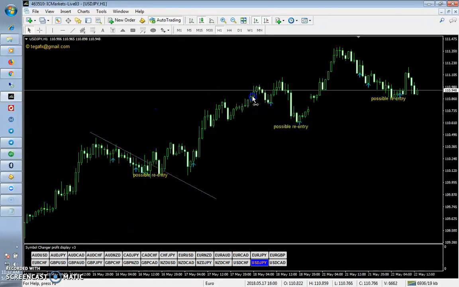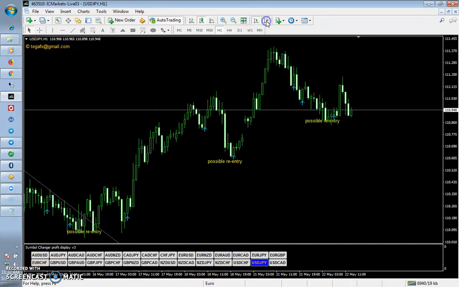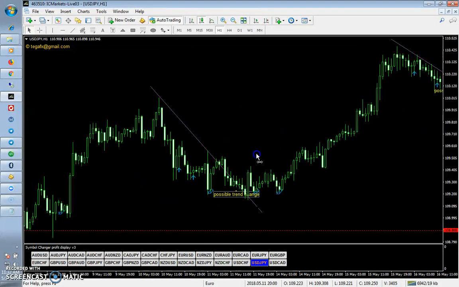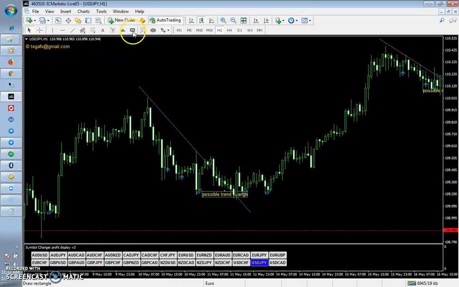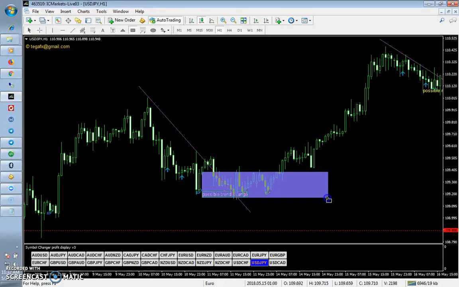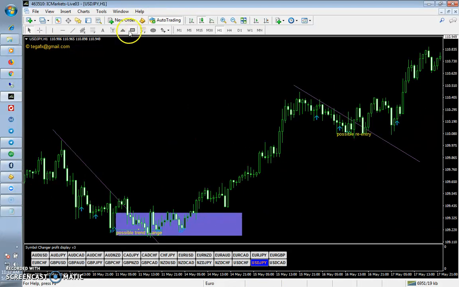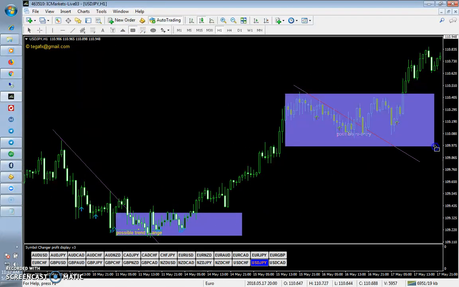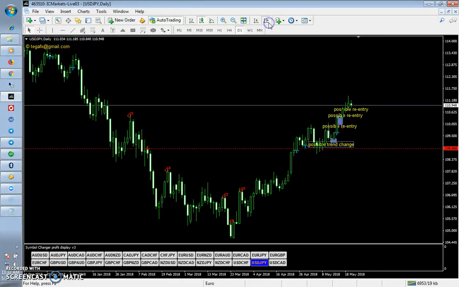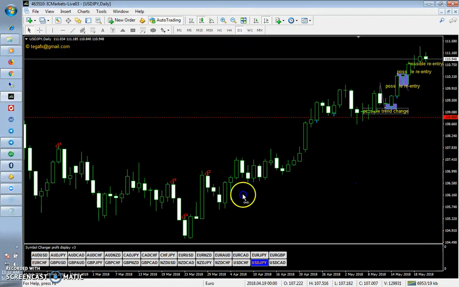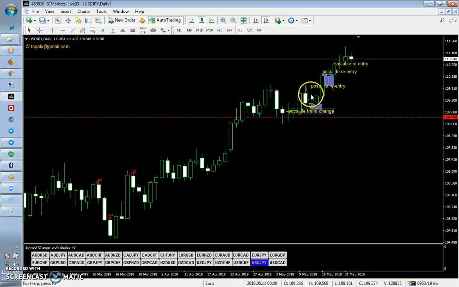Let me highlight these two areas, the possible trend change area, and also the first entry area. Go to the 1 hour time frame. You will notice a support. Look at it. You see this pin bar. There is a support around here. That's a possible support.